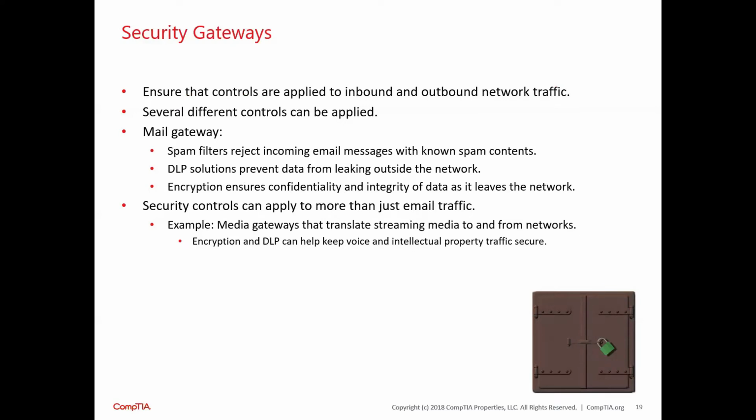So that particular mail gateway may have multiple features that allow you to block unknown spam, as well as prevent people from leaking sensitive information outside of the network. And security controls can apply to more than just email traffic, such as streaming media and some other types of data.